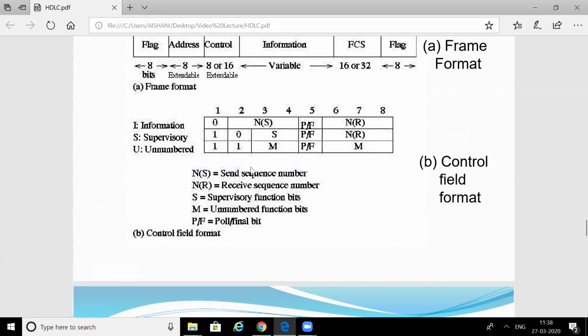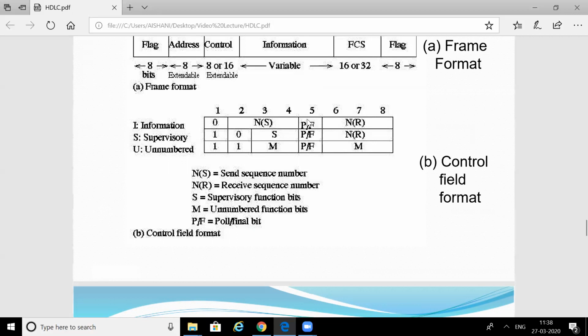In these 3 bits, NS carries the sequence number of the sending frame, and in NR it contains the receiver's sequence number, which is basically used for acknowledgement. Then here the fifth bit is known as the poll/final bit.